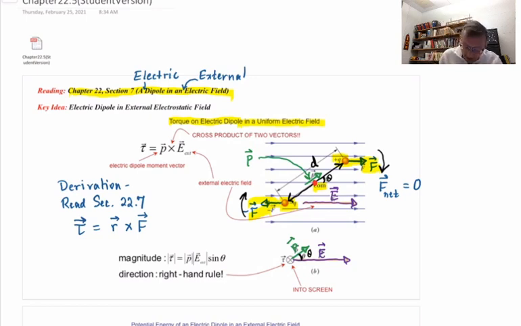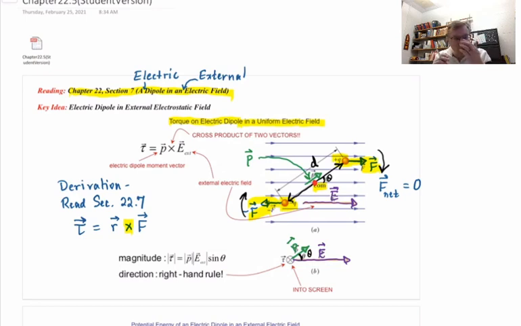And then you have to do that thing called a vector product or cross product. Remember that? So they start with R cross F, and they do that for the top F on the plus charge and the bottom F on the negative charge. And they combine them to get a total.